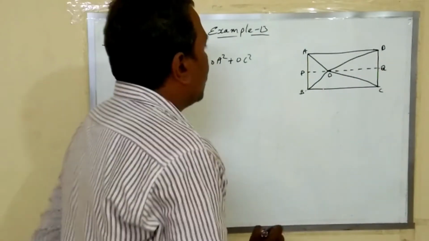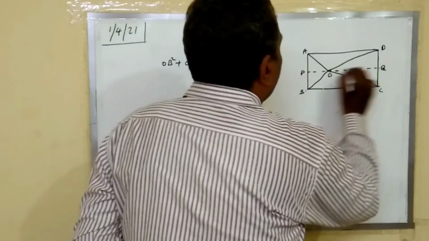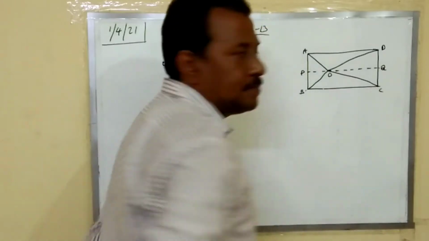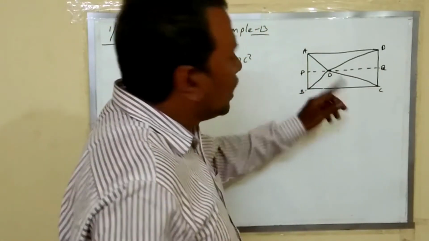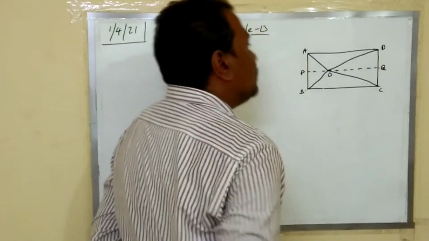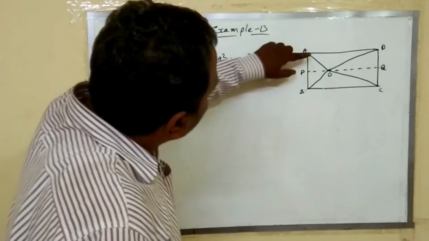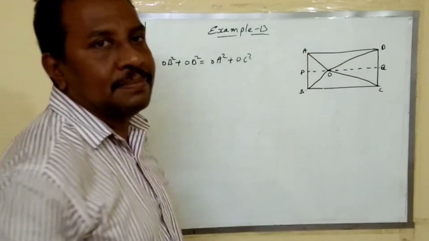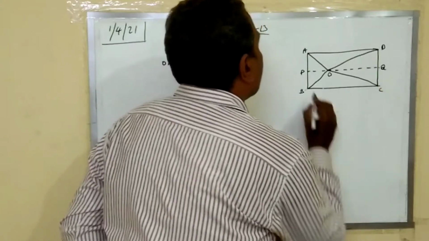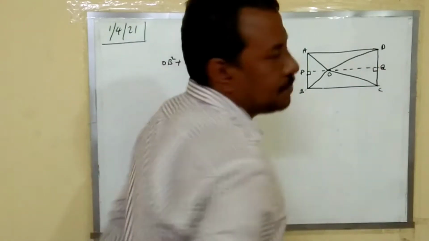Now we can see two rectangles, APQD and BPQC, because these sides are parallel to each other. So they will be perpendicular. Angle B is a right angle and angle C is a right angle, so naturally these will be right angles too.